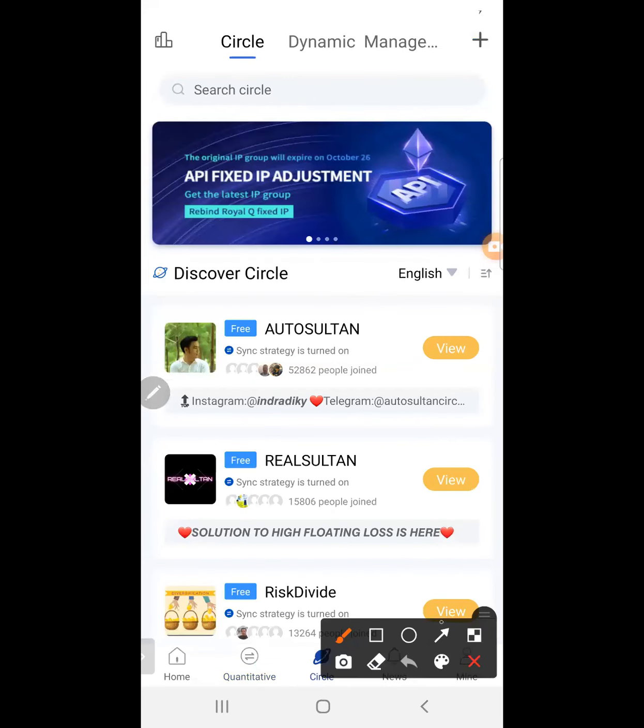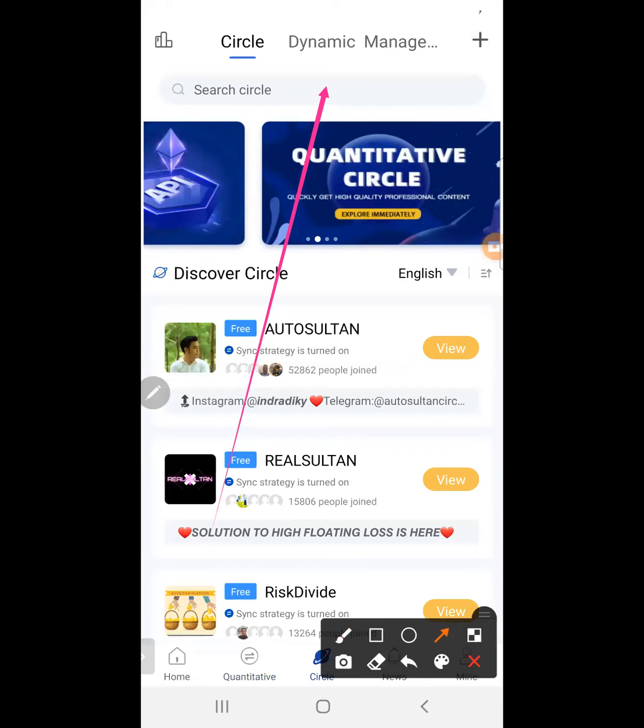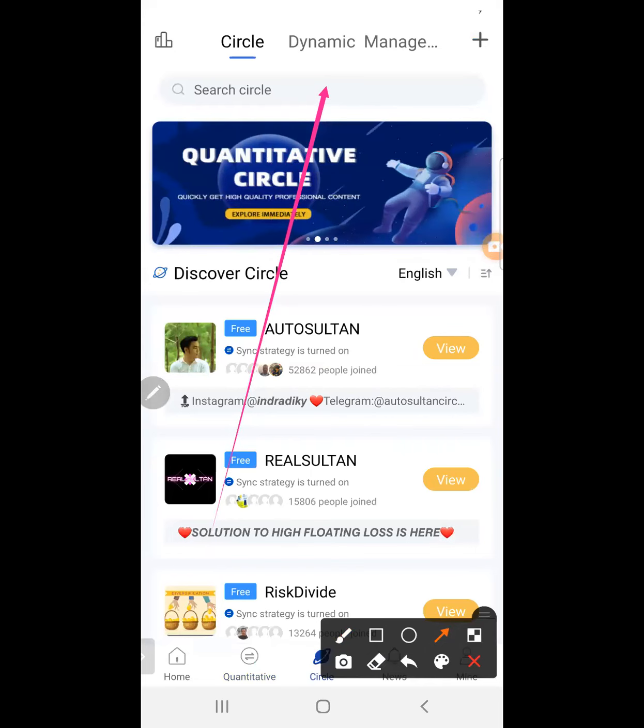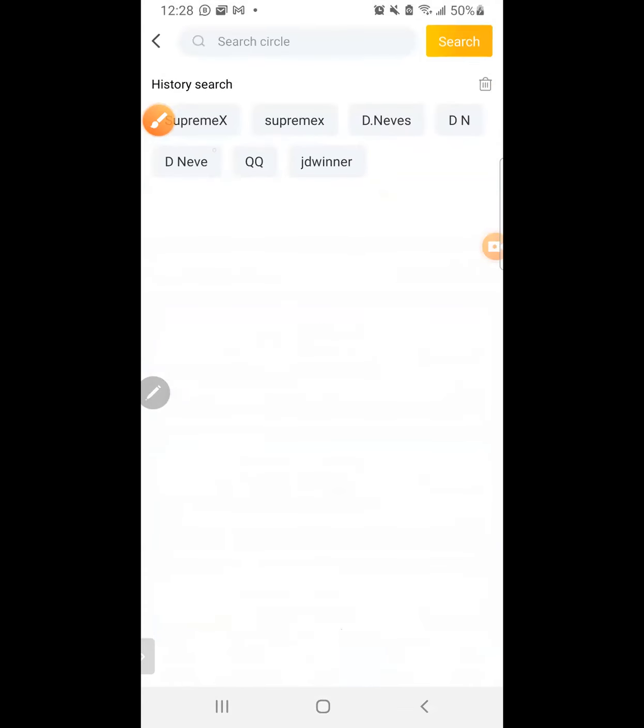In this search bar, search Supreme X. If you have enough money, you can test other cycles and see which one pays. But if you don't have enough money, just use the one that people have already researched. But in case you have a lot of money, you can research many more, right? Now, Supreme X, type it there.